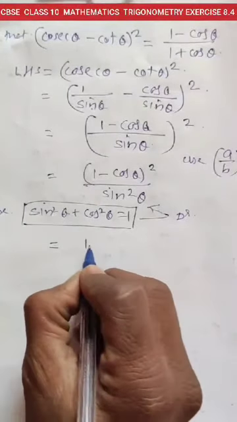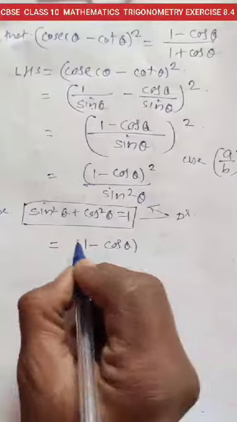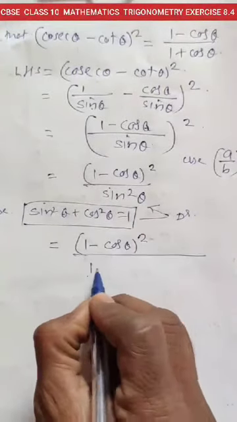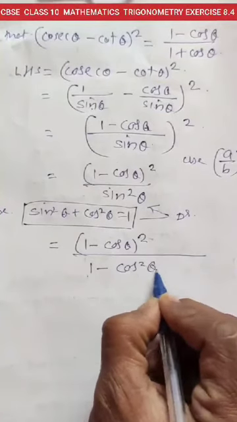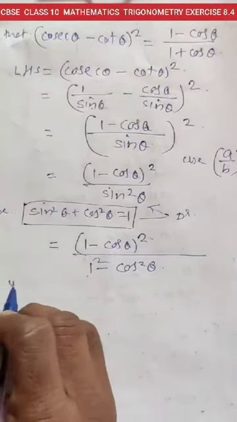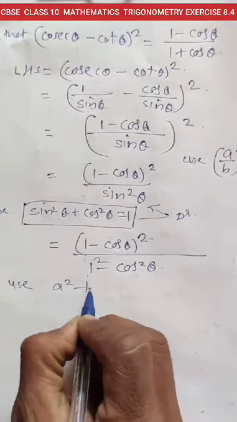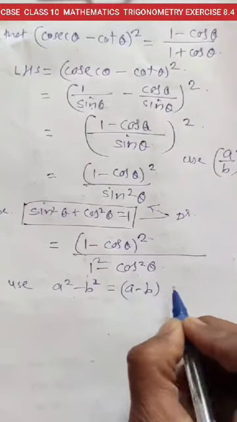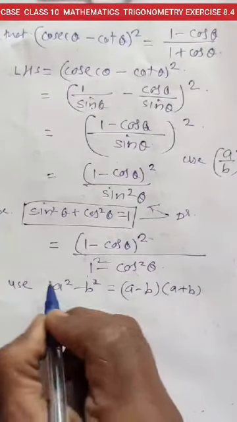Our next step is (1 minus cos theta) whole square, and instead of writing sin square theta, simply put the value 1 minus cos square theta. Here again we use a formula: a square minus b square is equal to (a minus b) into (a plus b).